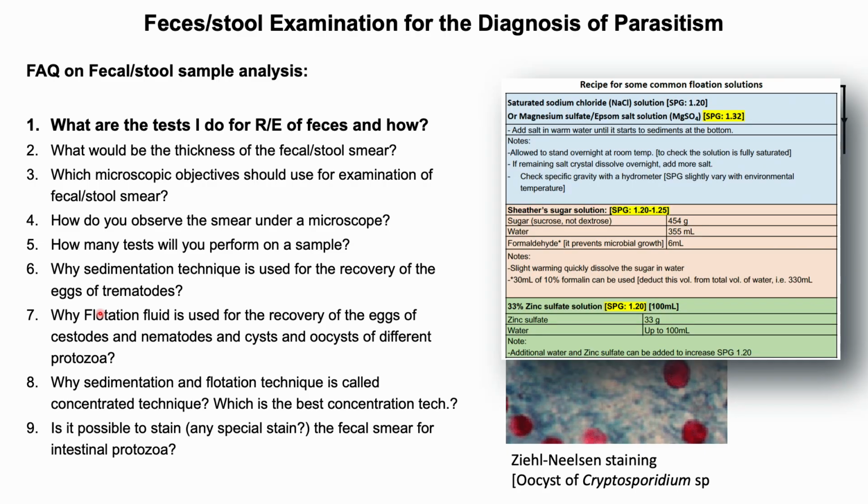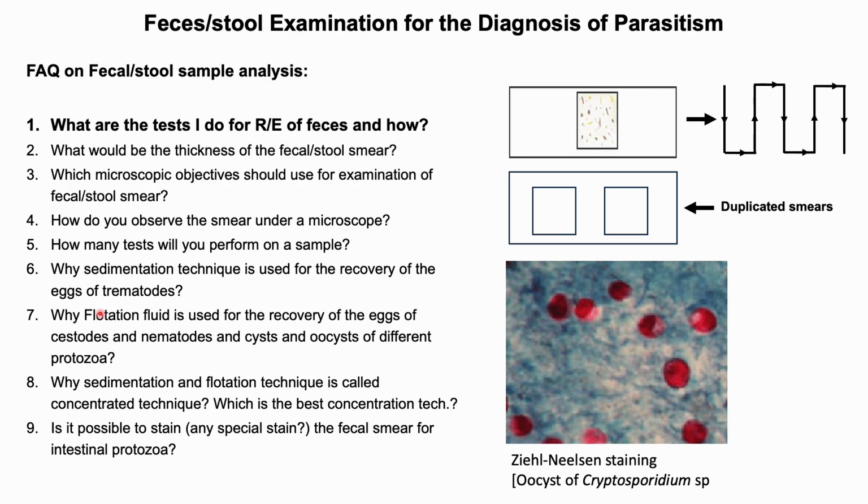So it is possible to float them using the commonly used flotation fluids. This is why flotation techniques are used to detect the eggs of cestodes and nematodes and cysts and oocysts of protozoa.